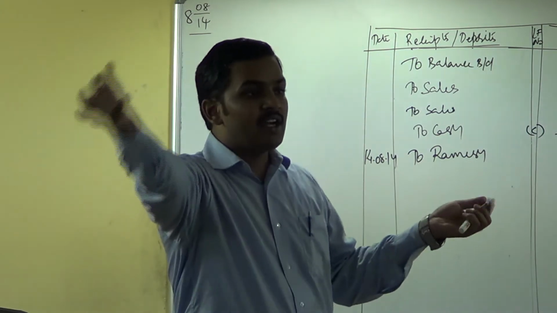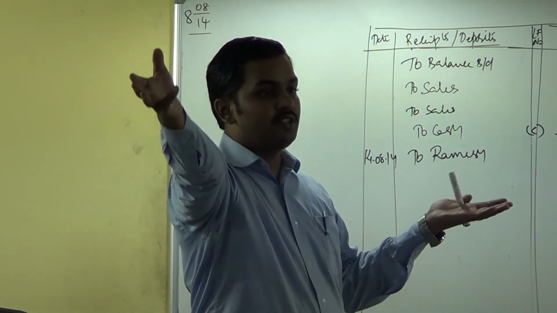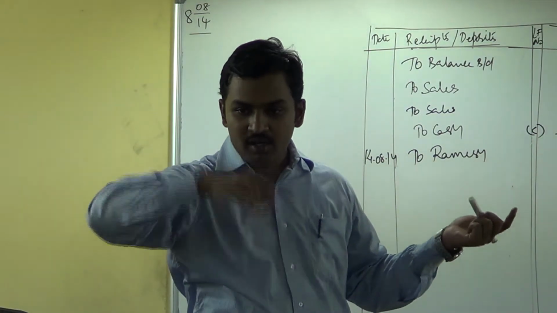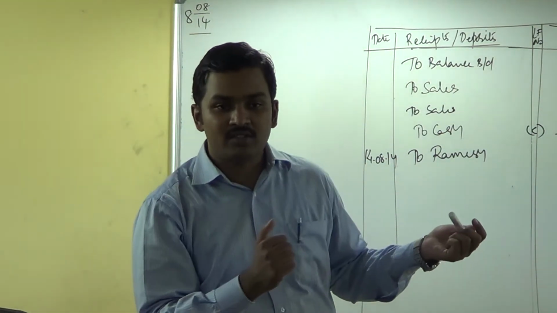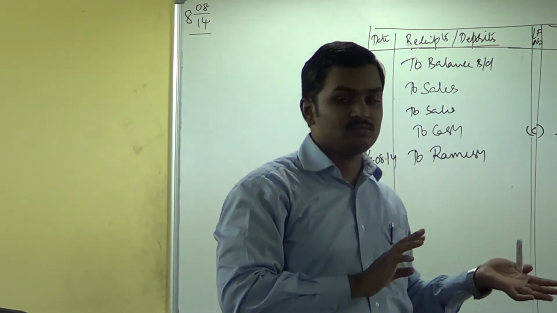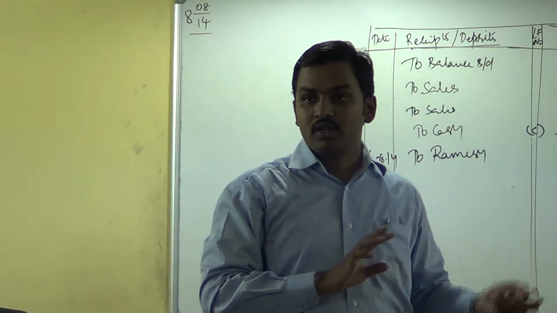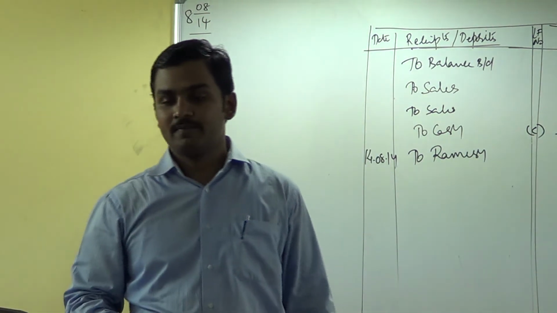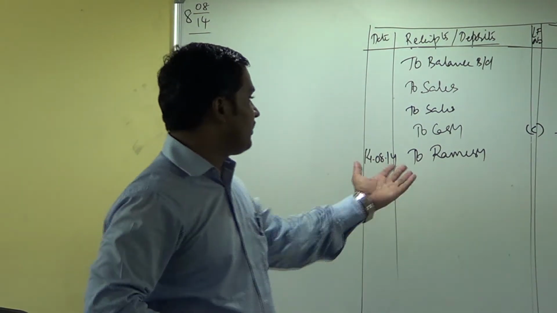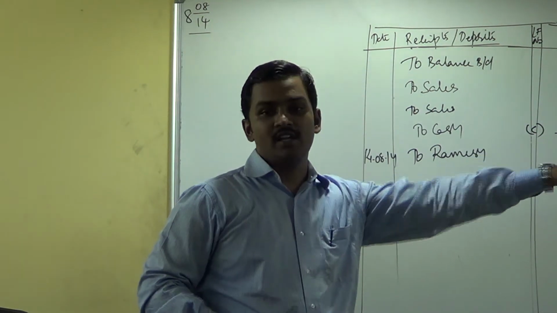And then money will get transferred from the account of the issuer to our bank account. Suppose Ramesh has issued a check, but in his account he doesn't have sufficient balance. Then money will not come, and the check will come back. That is called dishonor of check. If tomorrow you find that the check has been dishonored, then we are going to reverse the entry and cancel it.